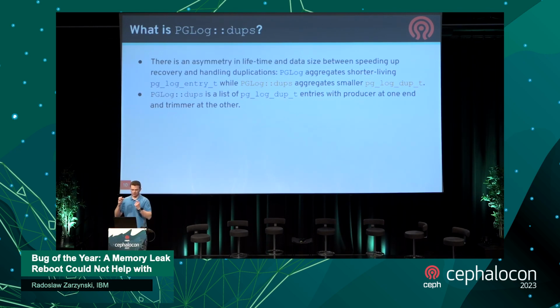Basically, the entries we store in PG dups are lower in size, but longer in lifetime than the pg_log_entry_t used for the sake of recovery.